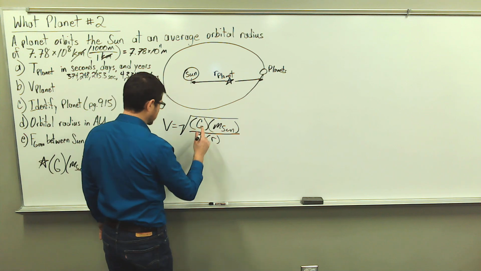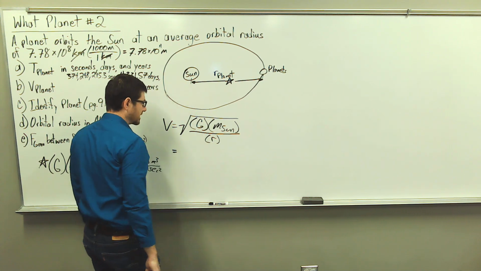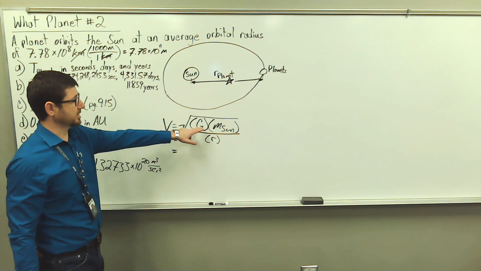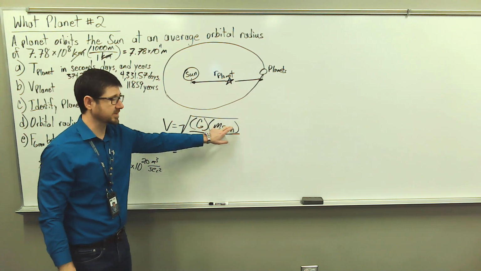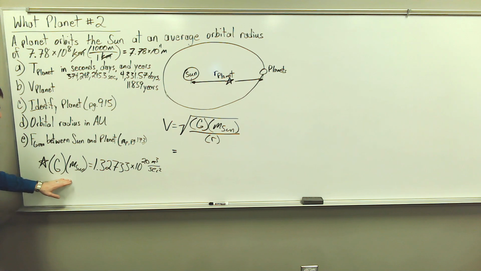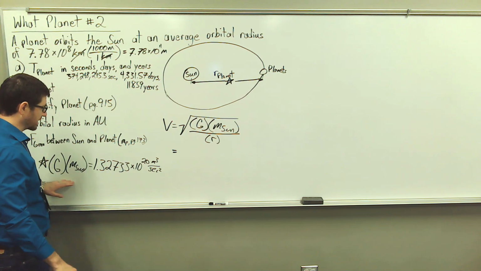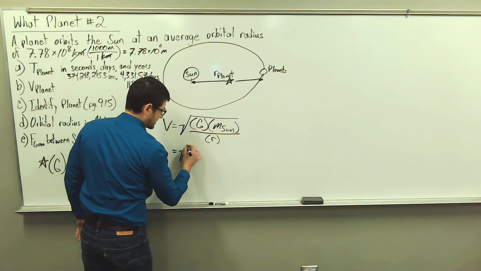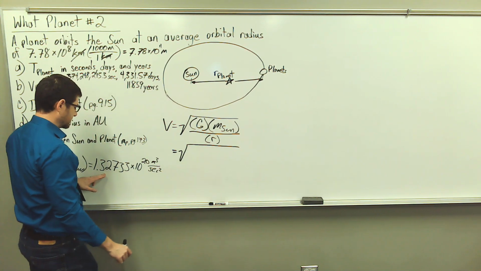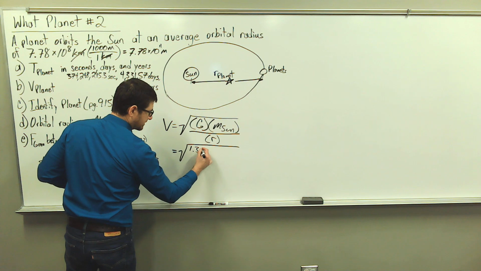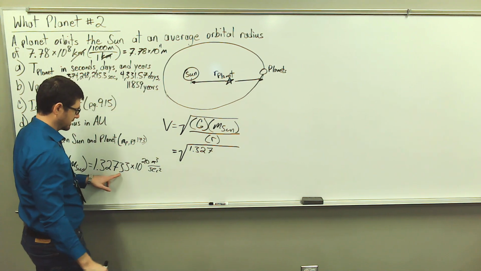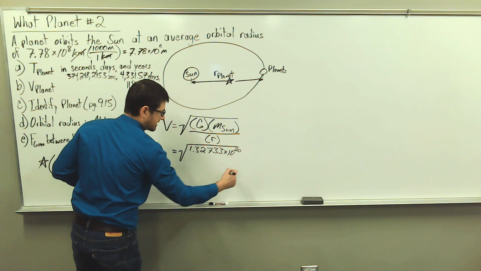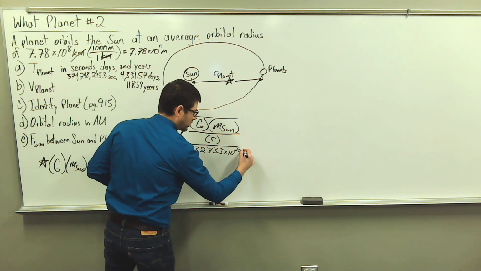Okay, we can just fill in some values here. Now, from part A, you've already calculated the product of the universal gravitational constant and the mass of the sun. Remember, we made a note over here. So what I want to do is plug this value into the numerator underneath our radical. So I have 1.32733 times 10 to the 20th meters cubed per second squared.